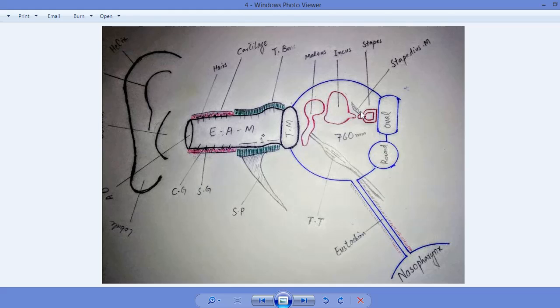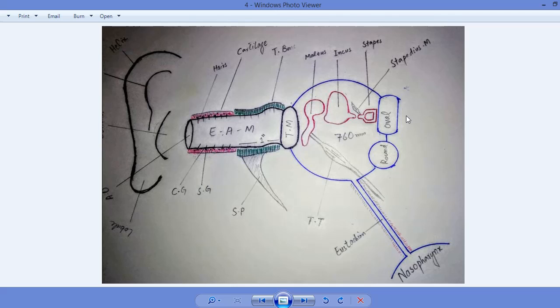There is another muscle which is called stapedius. This is the smallest muscle in the body which is attached with bone. This stapedius muscle is attached with the neck of the stapes, and it also gets contracted after the vibration is transferred to the oval window.